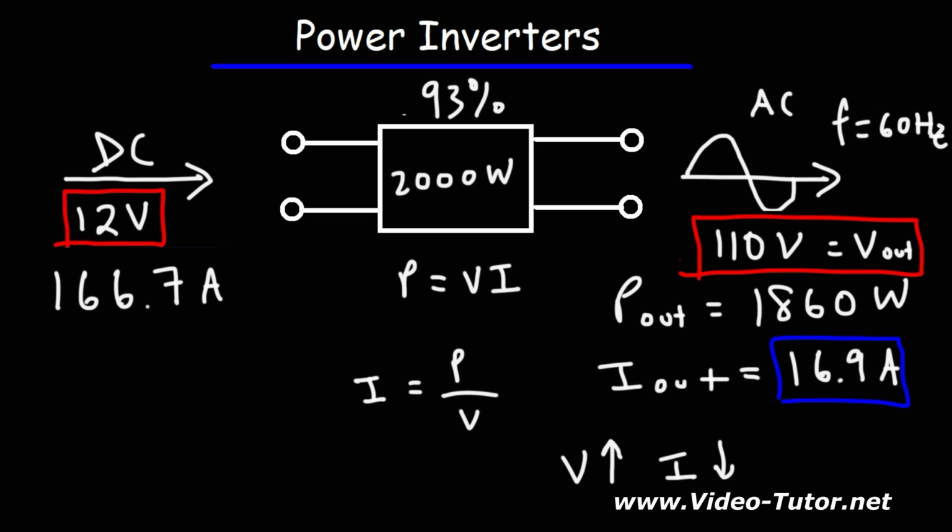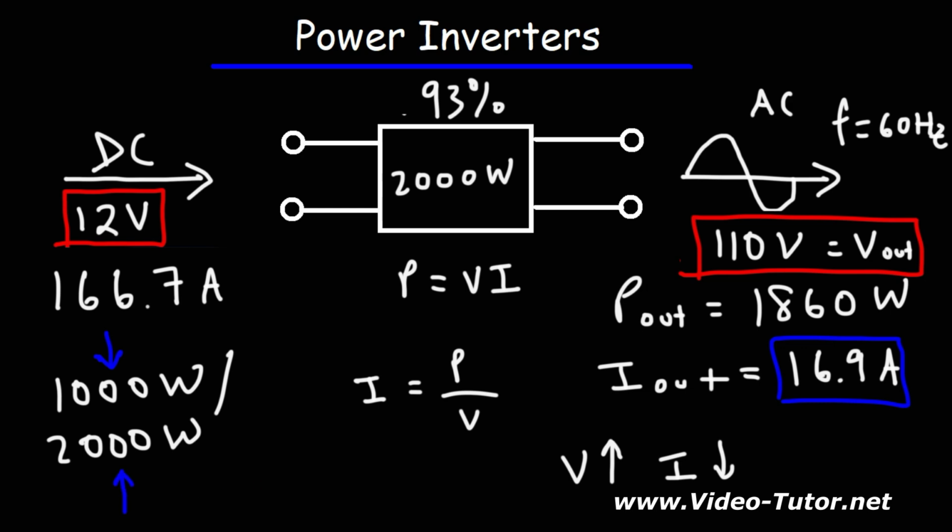Now, when you're buying a power inverter, there are some things that you want to take into account. Sometimes you'll see two ratings. Let's say there's a power inverter that has two values: 1,000 watts and 2,000 watts. The lower power rating typically relates to the continuous power that this device can handle.